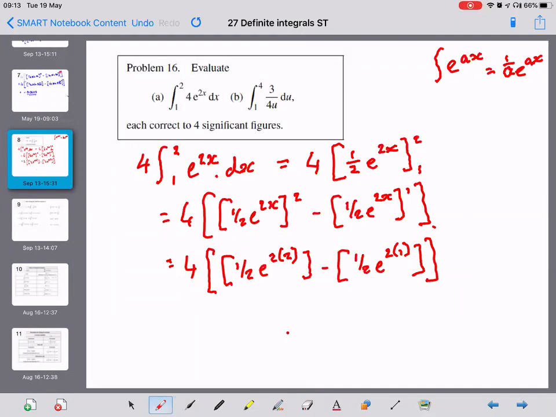Yeah, and if you put that in your calculator, you should get 94.42 or thereabouts. Okay.